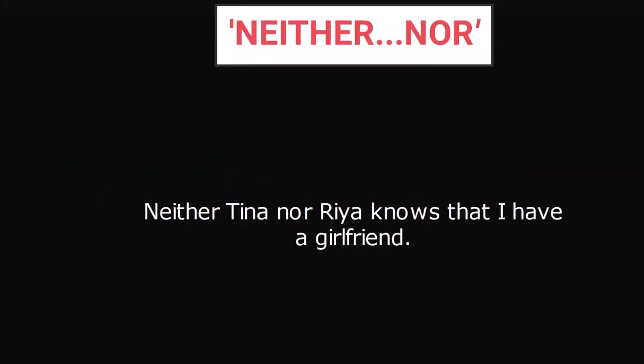Let's move to another way, which is neither nor. Neither nor is used to form a compound subject when you are negating two options as the subject. Okay, let's look at the example and understand this. Neither Tina nor Ria, this is my compound subject. Neither Tina nor Ria knows that I have a girlfriend, which I don't.